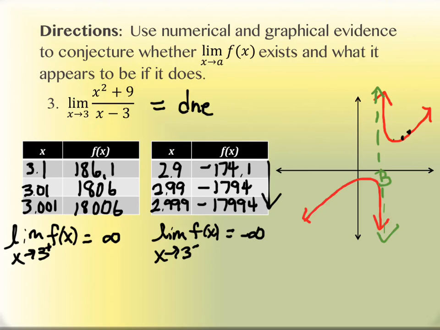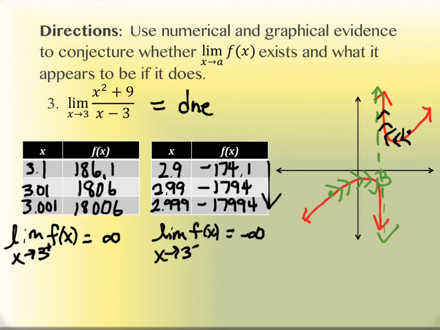If I'm moving closer to an x value of 3 from the right, I'm going up this curve, just swooping straight up. And if I start on the left-hand side and move towards x equal to 3, all of a sudden I'm swooping downwards. And that's visually what's happening to justify the numerical values we were getting.